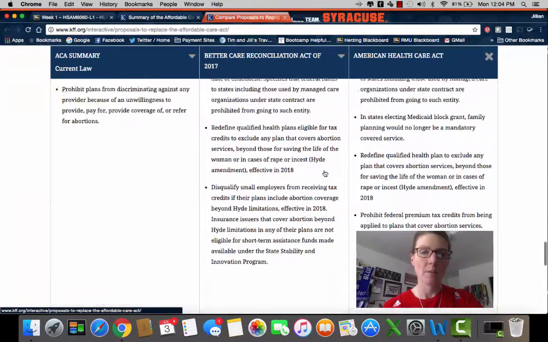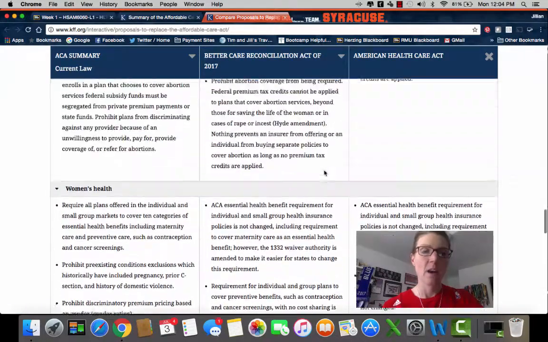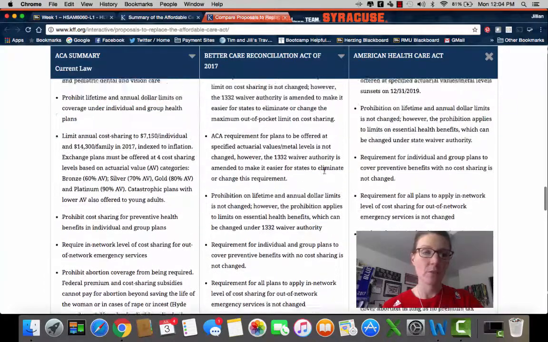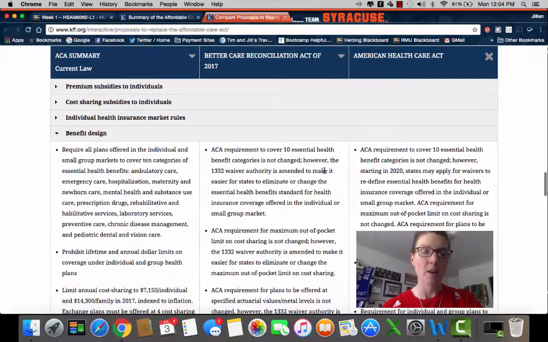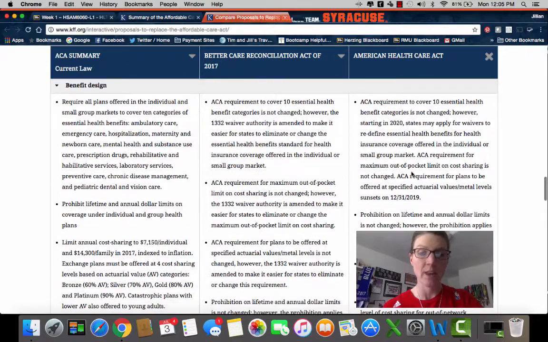I'm going to scroll up here a little bit on my screen. Some of those other areas, general wellness, preventive care, also seem to have fairly good support in the new plans as well. The 10 essential benefit categories are not being changed in either of the new plans.